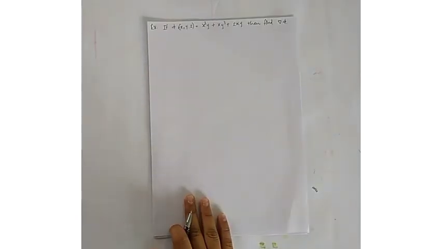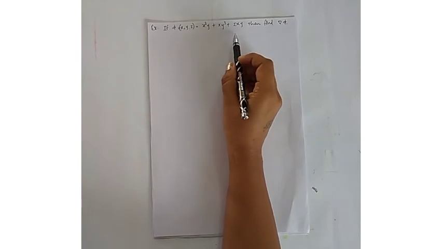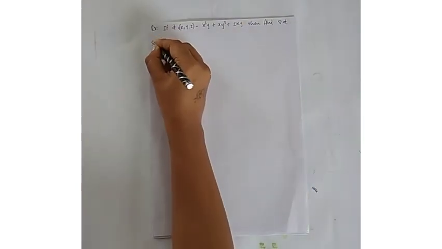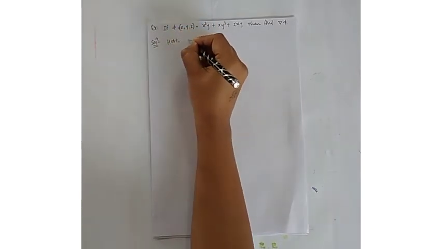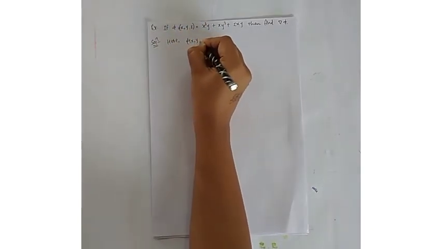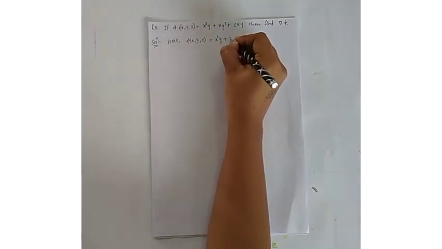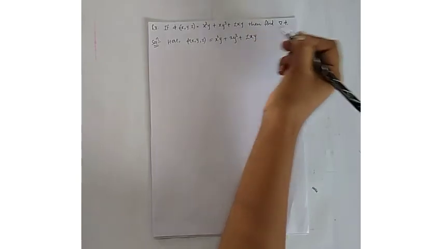So our next example is: if phi of x, y, z is equal to x cube y plus x y cube plus z x y, then find gradient phi. So for the solution, here the function is phi of x, y, z equal to x cube y plus x y cube plus z x y.